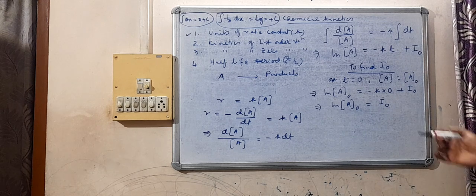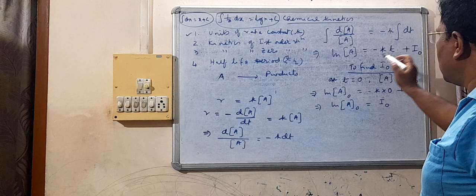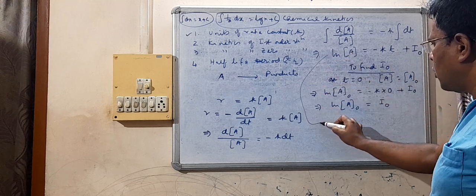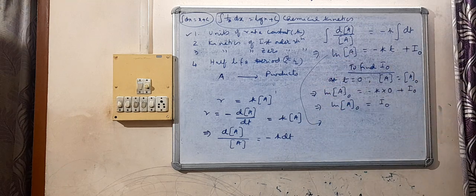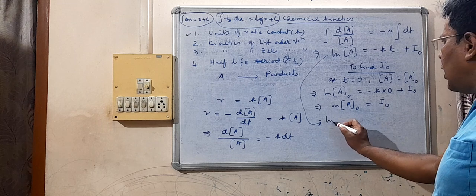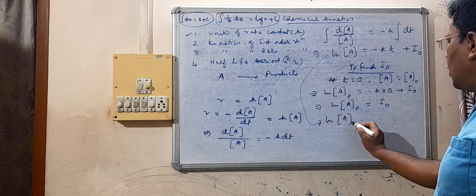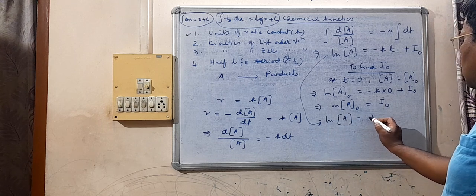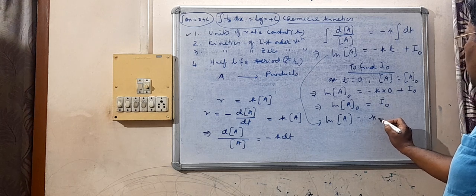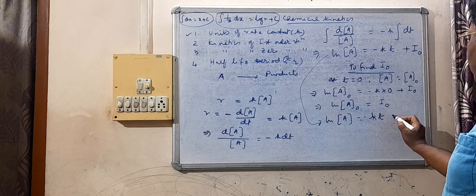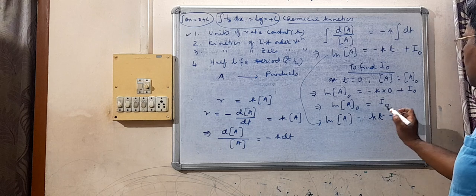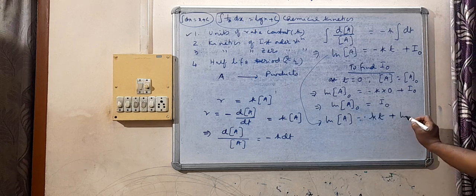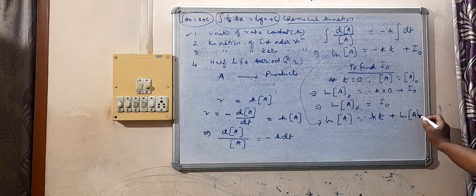Okay, so we can put this value here to proceed further. So we have ln A is equal to minus kt plus ln A naught.